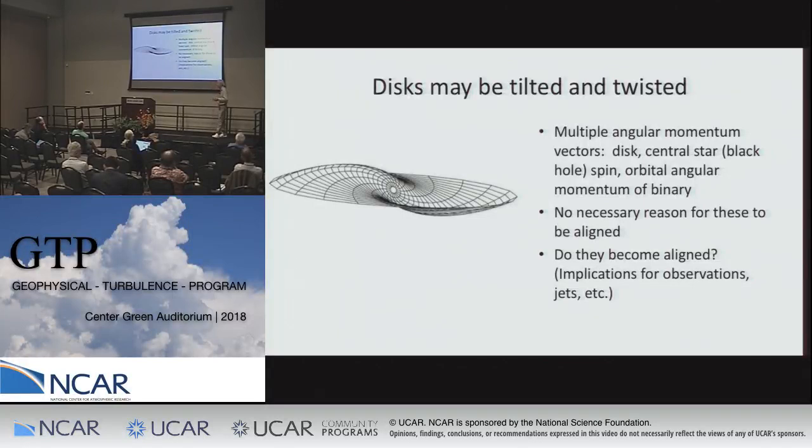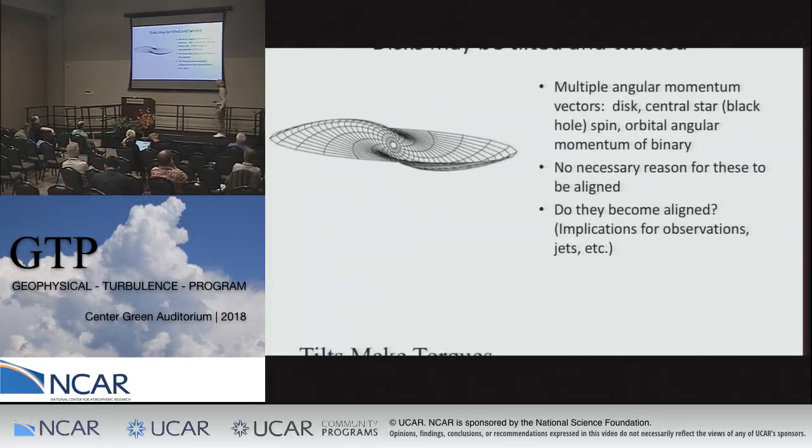Any time you have a non-Newtonian gravitational field, this so-called gravitomagnetic term can produce a torque on the disk. The question then is, under what circumstances does the disk's angular momentum become aligned with that of either the binary system or the spin of the black hole?